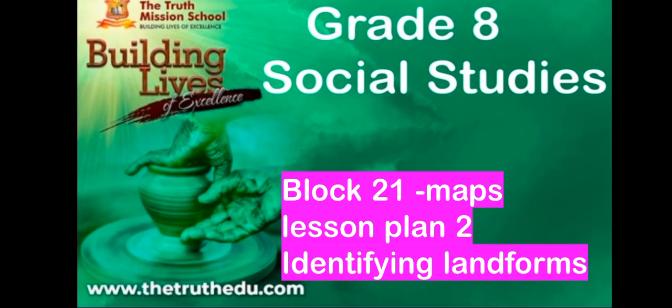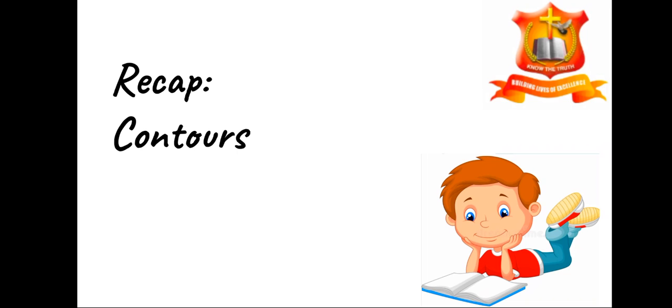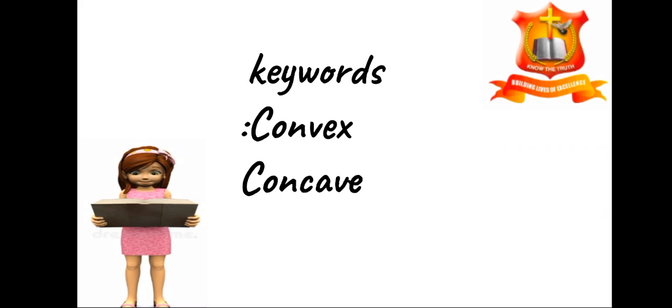First of all, we will do a quick recap. What had we learned? We had read about contours in the previous lesson plan. Now, here are the keywords, which are very important in your lesson plan 2: convex and concave.